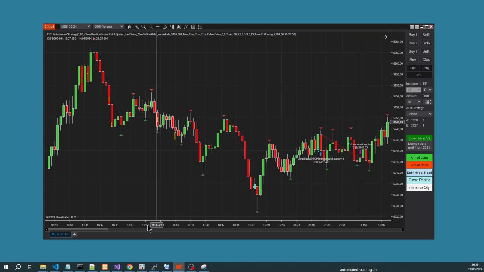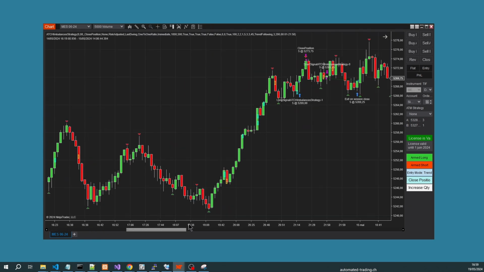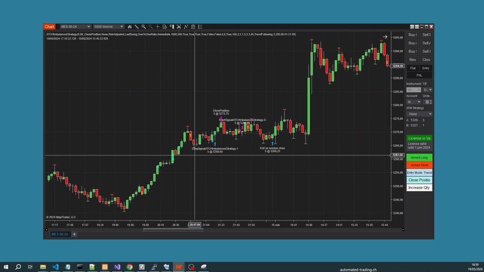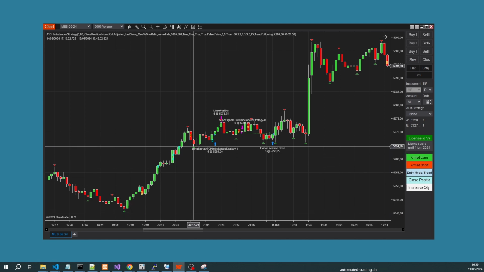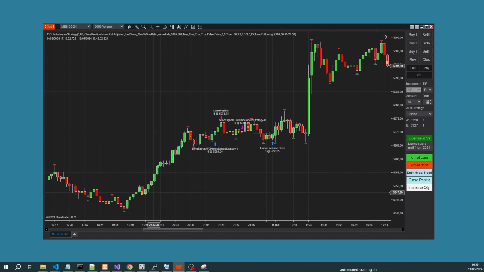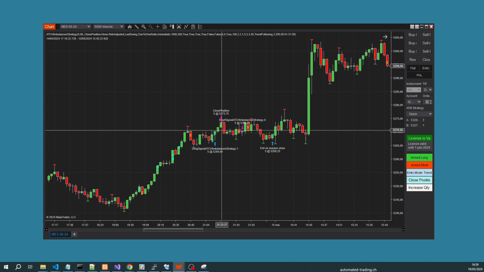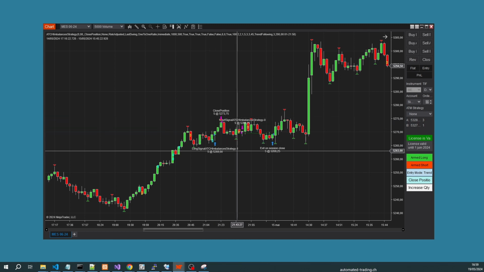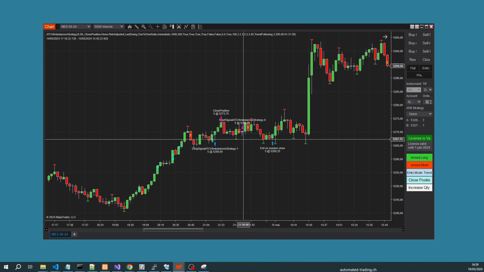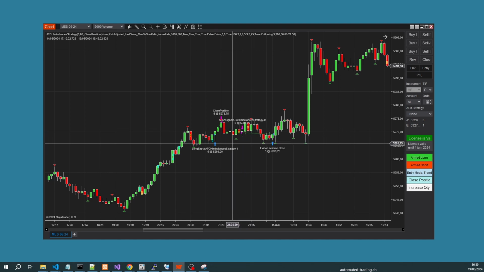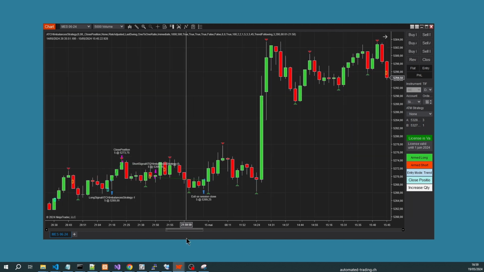Okay, so let's go back to the chart. Here again we have 2 successive increasing swing lows. This is why we had this position opened. Here we have a short entry, but we didn't have a successive swing.